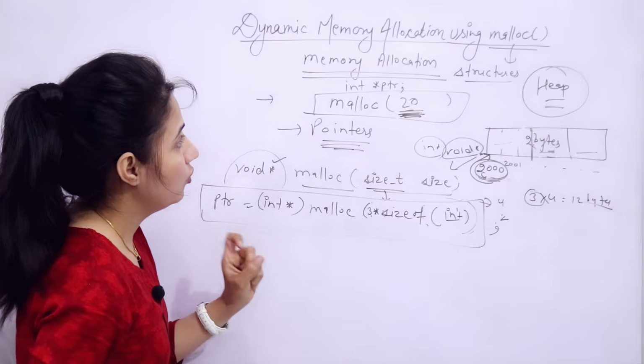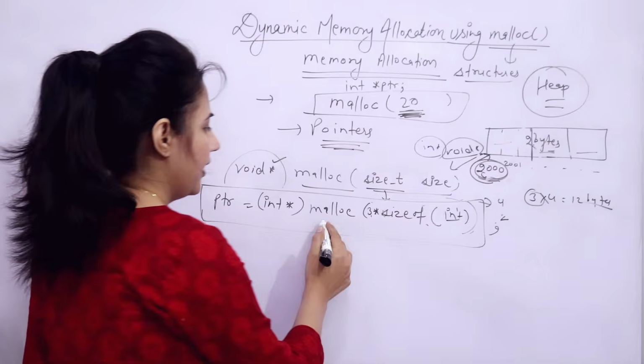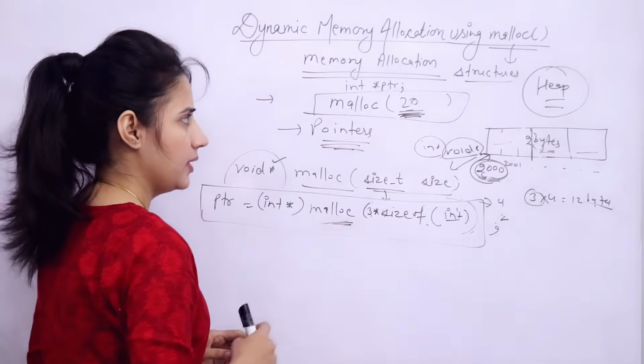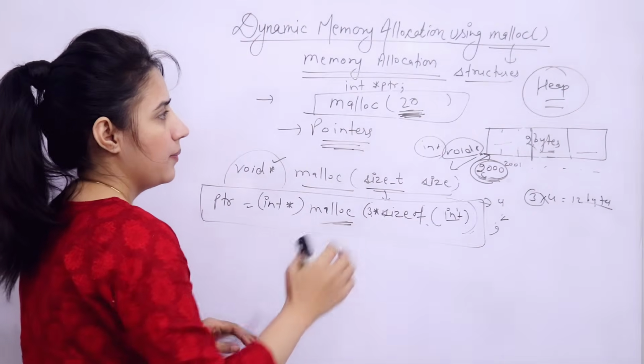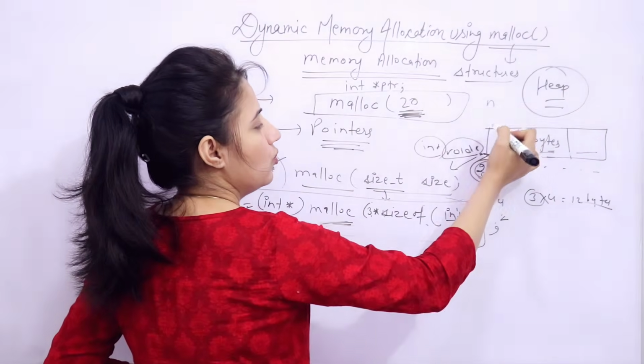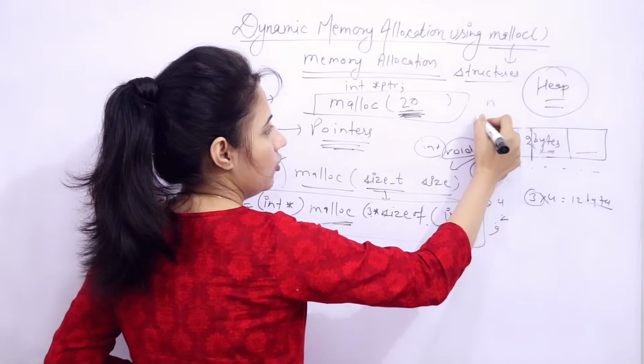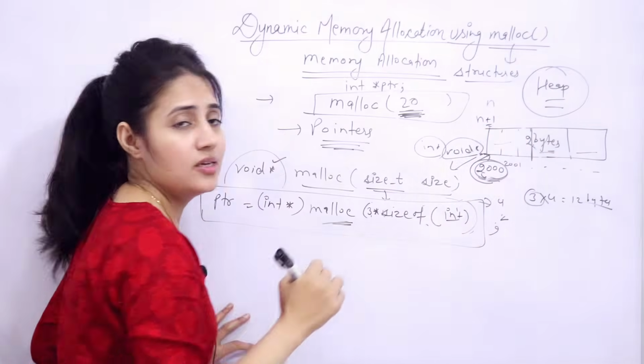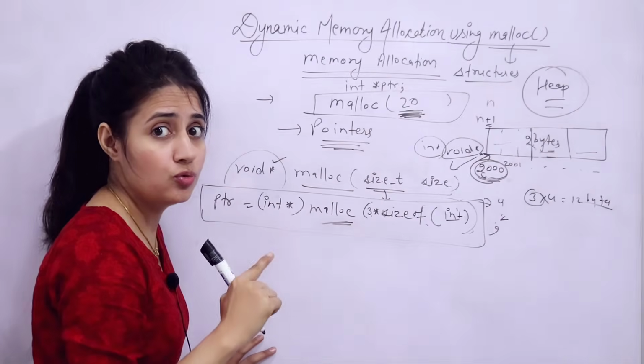Next point about the malloc function: if malloc is not able to allocate memory from the heap, suppose the memory is n bytes and you want to allocate n plus 1 bytes, then obviously the memory will not be allocated to you.